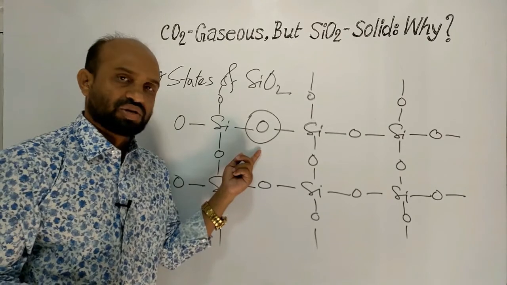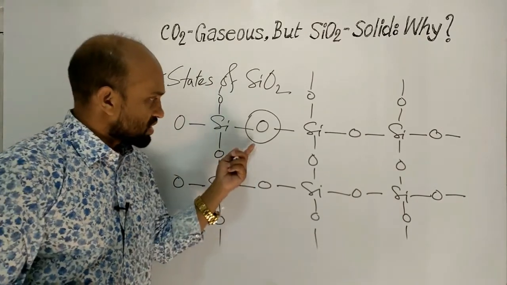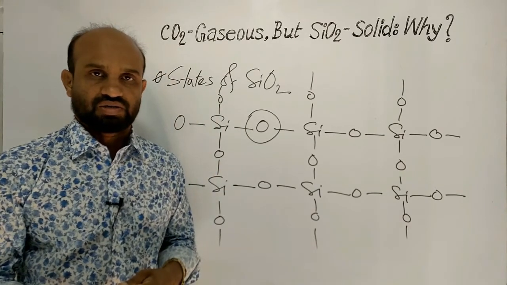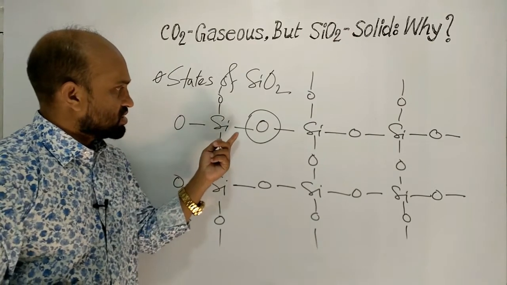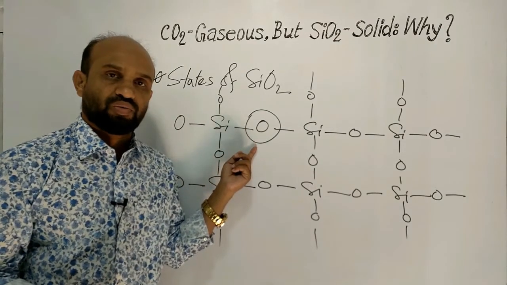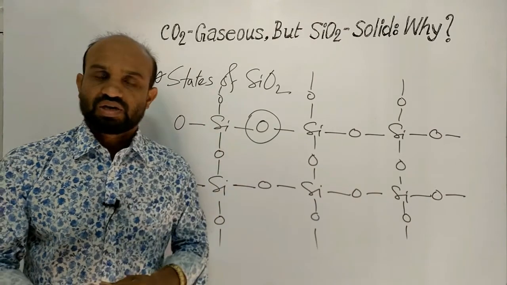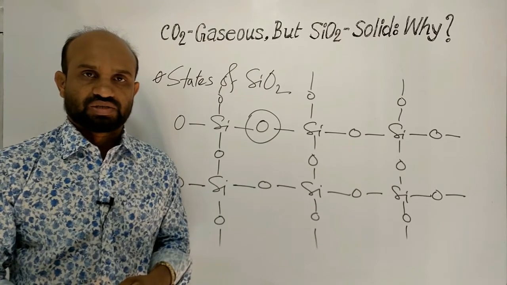Here the silicon dioxide shape is tetrahedral. In this case, we see that oxygen cannot form a pi bond with silicon. This is the main reason it is a solid substance.